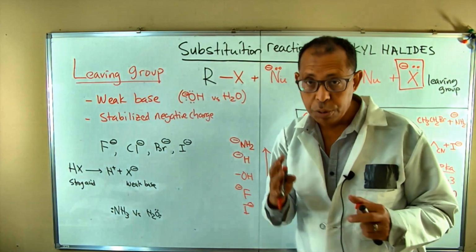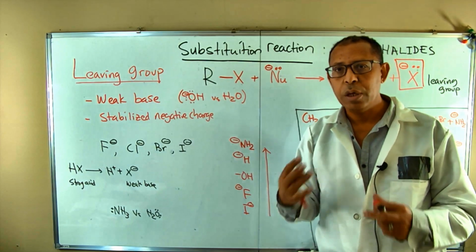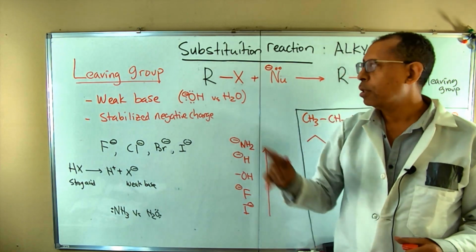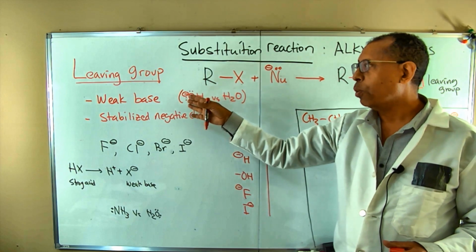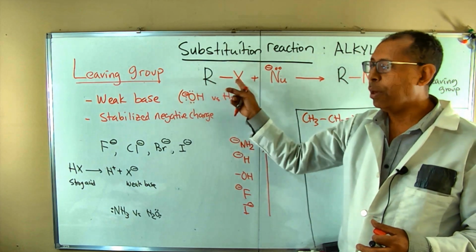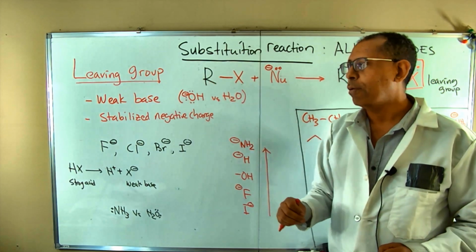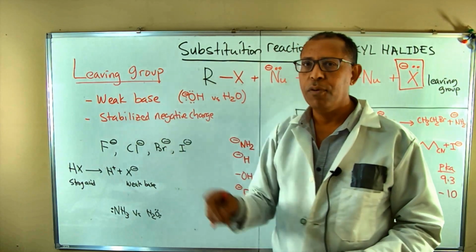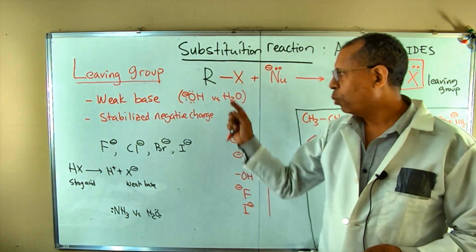A good leaving group should be a weak base. When we say it's a weak base, it shouldn't be highly bound to the alkyl. If it is weakly basic, the acid-base reaction is not that strong, which means it could be a good leaving group. That's another way of looking at it. So an important thing for a leaving group is that it has to be a weaker base.